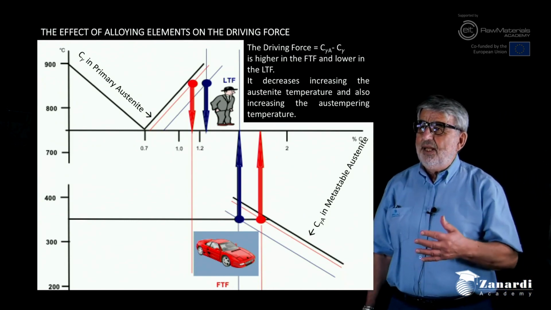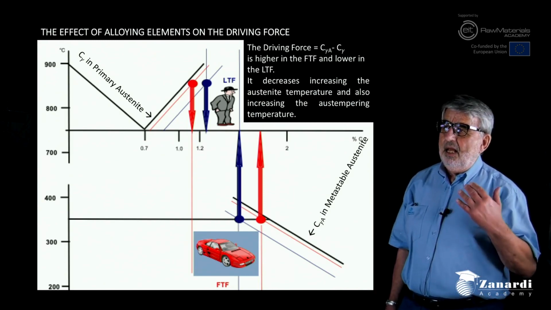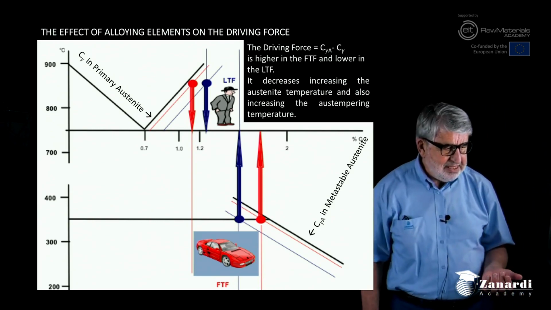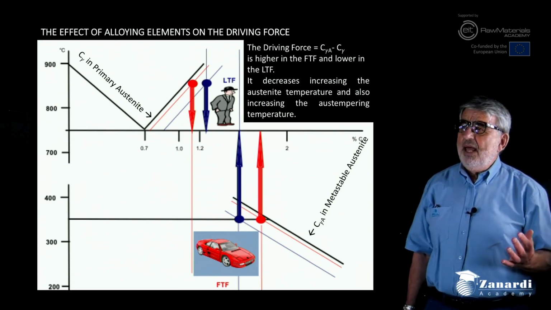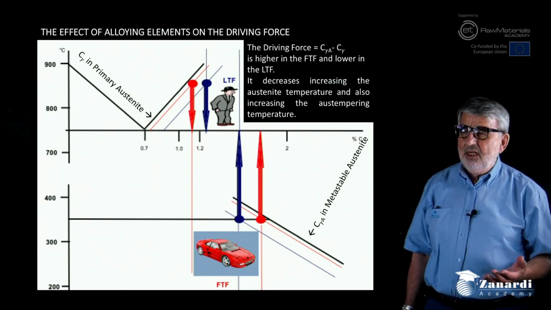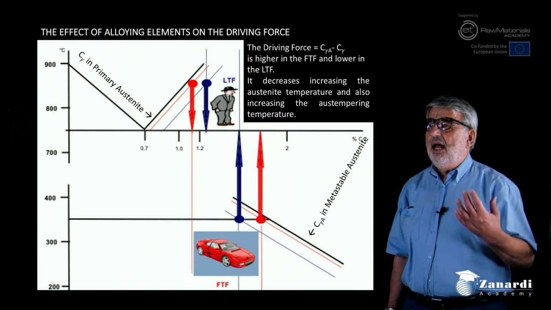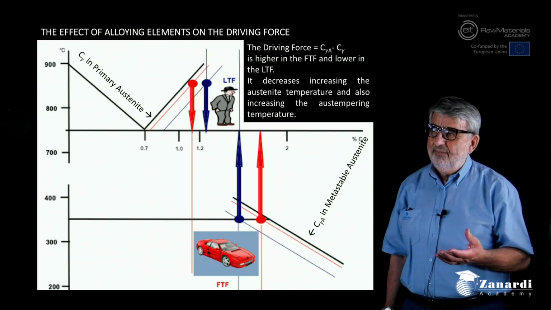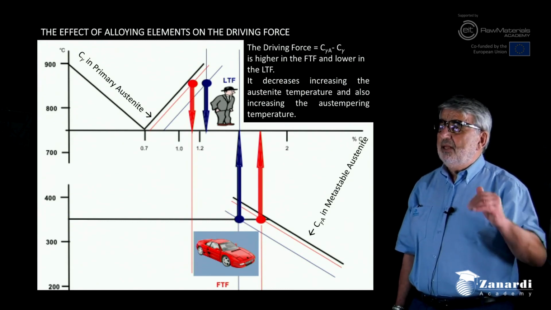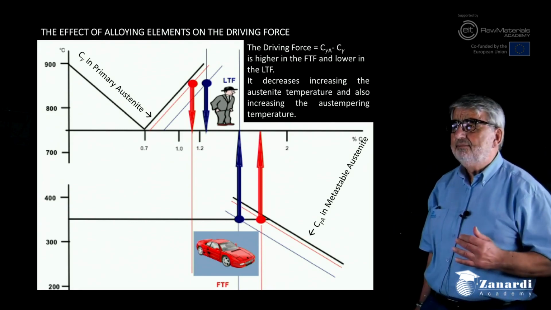In addition to the segregation pattern that is moving the carbon solubility into the primary and the metastable austenites, we have another parameter that we have to choose. This is the austenitizing temperature. The austempering temperature is fixed. It depends on the grade. But we can move the austenitizing temperature. We are free to do that.